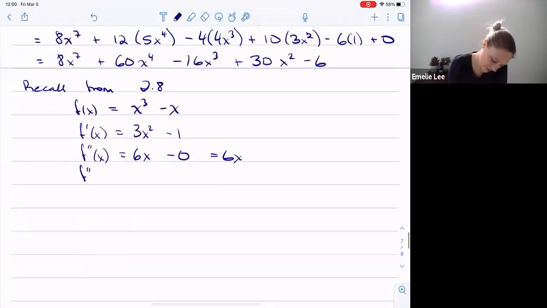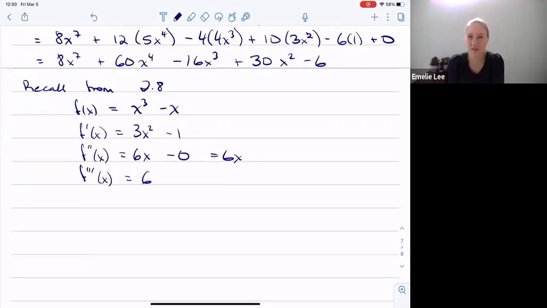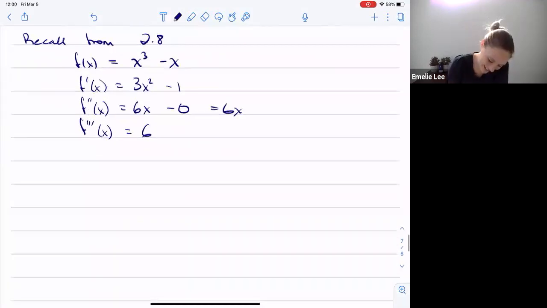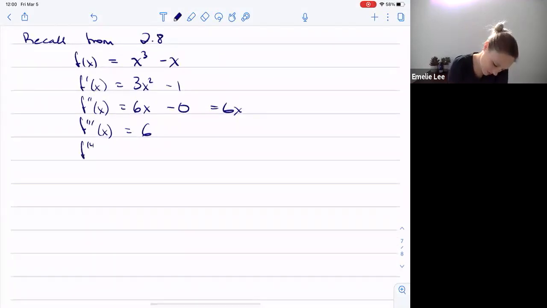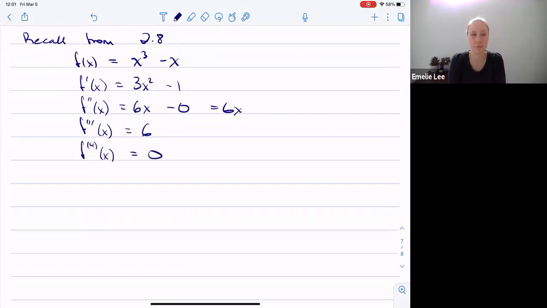So the third derivative becomes just 6, confirming exactly what we found in the previous section, but probably 50 times faster. And then, of course, the fourth derivative was 0. So with a polynomial, we can easily just plow through it.